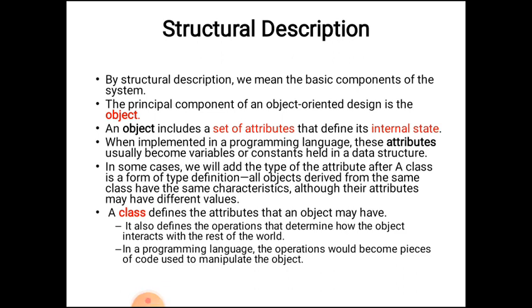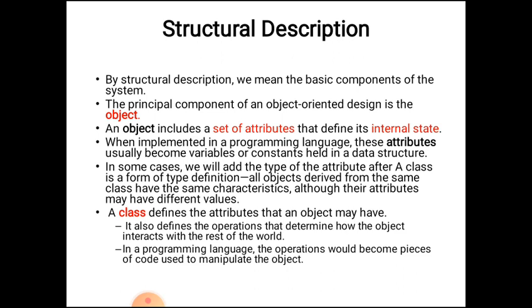By structural description, we mean the basic components of the system. In this, we are discussing the basic components of the system, and the principal components of an object-oriented design. We know that it is an object.